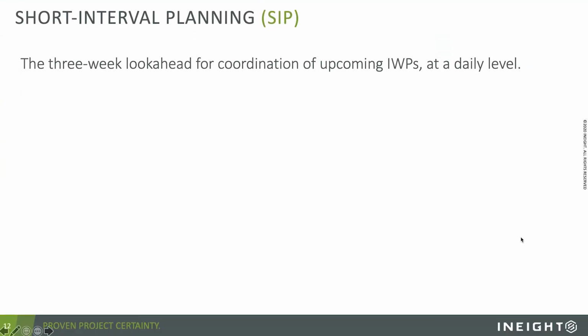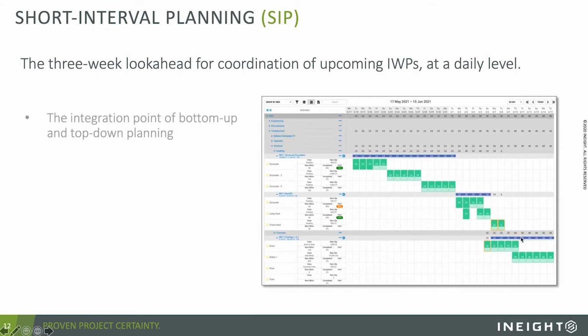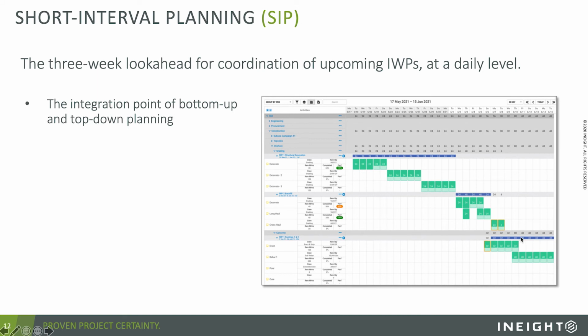You can then take that information and put that into a short interval planning system or a 3-week look ahead. And what InEight has done is they have integrated the bottom up planning and the top down planning in one place using what we call SIP or short interval planning.